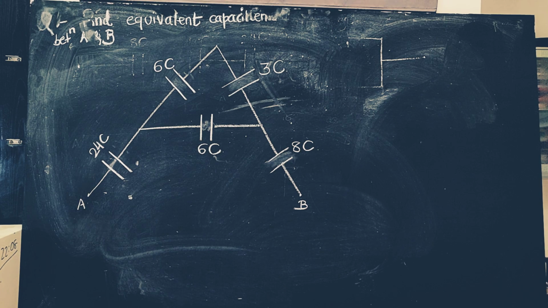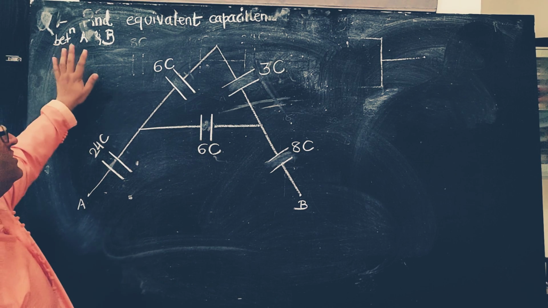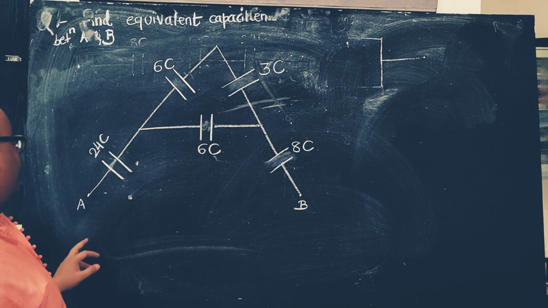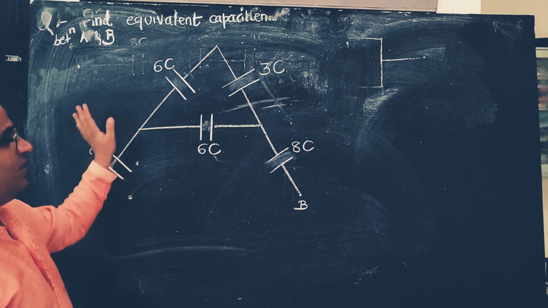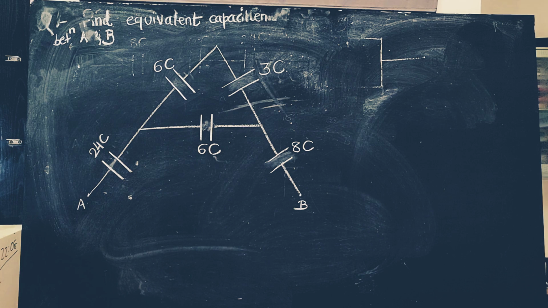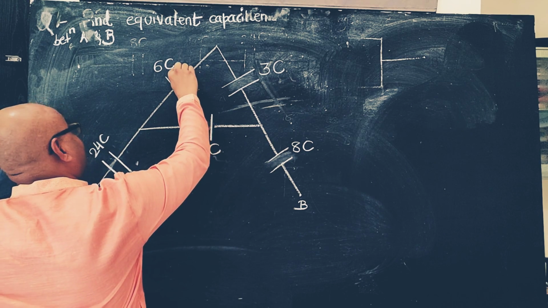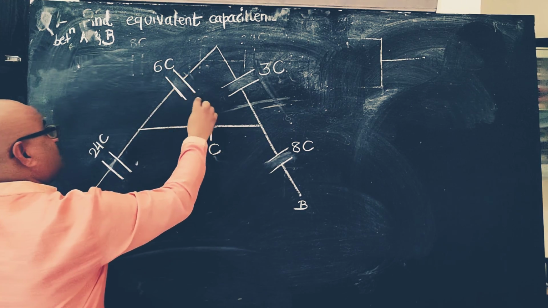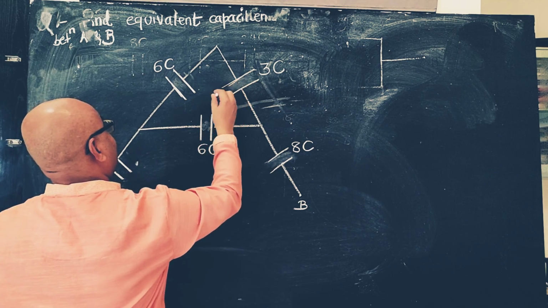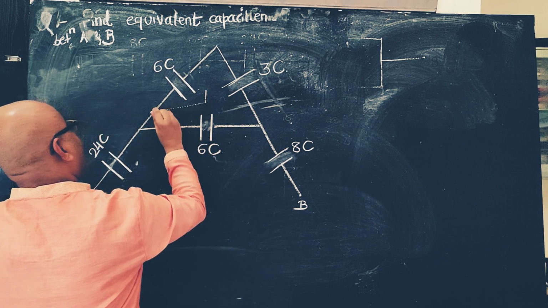Moving on to the next question. The question remains same, find equivalent capacitance between A and B. You have the capacitors arrangement as shown in the diagram. Now as soon as you see this diagram, the first thing you look at this part, that these two capacitors, one of 6C and other of 3C, they are connected in what?